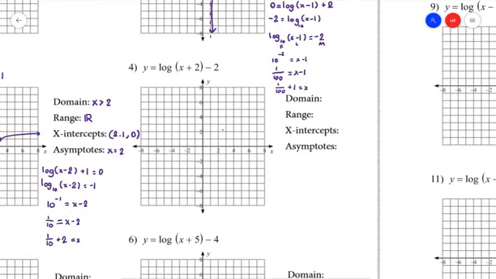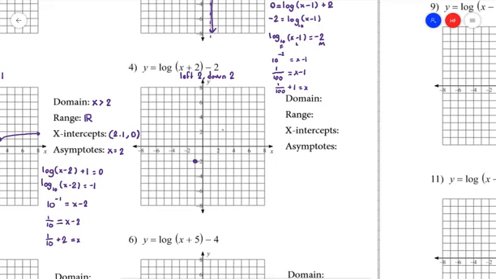Number 4, plus 2, so we're moving left, minus 2, so we're moving down. Our point is usually at (10, 1).